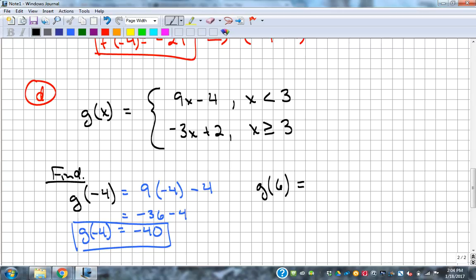So it's dependent on where this fits in the inequalities with a piecewise. We plug in to -3 times 6 plus 2. So g of 6 is -18 plus 2, which would be -16.